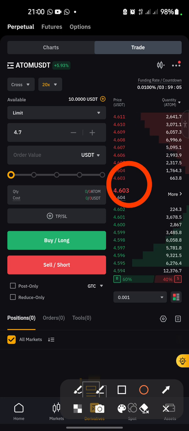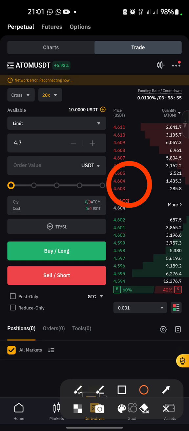So definitely the trade won't trigger because it's not up to your 4.7 here. So once you set 4.7 as your limit and you click buy long or sell short, the trade won't activate immediately. Why? Because it hasn't gotten to the price we set, which is 4.7. So I think that's what you guys need to know about limit price.